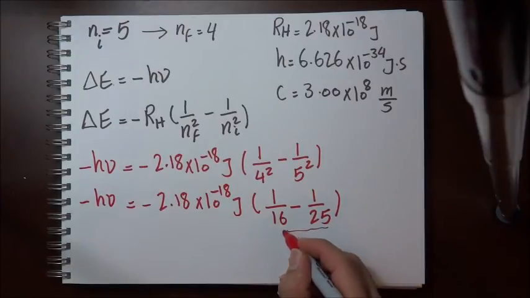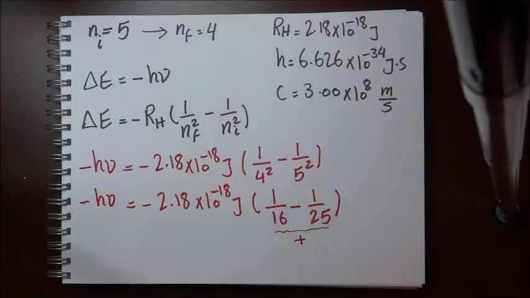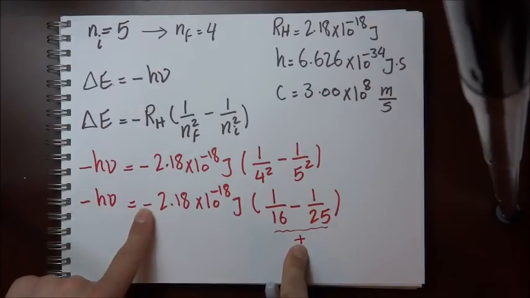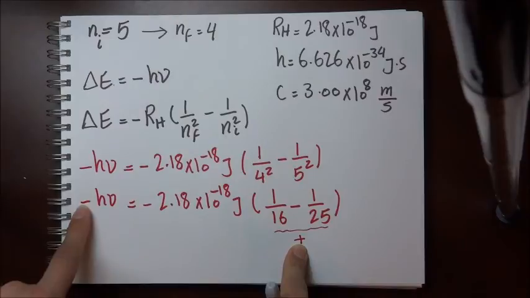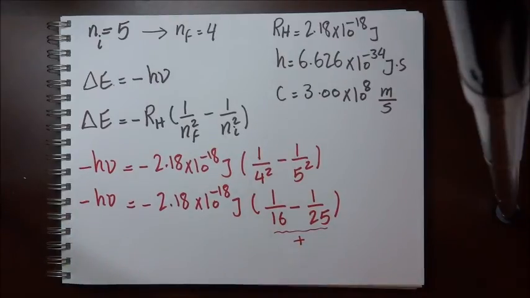Answer for this part this time is a positive number. Positive multiply negative number is a negative, but you have a negative on the left side, so they will cancel each other.